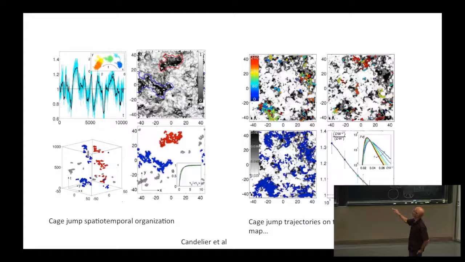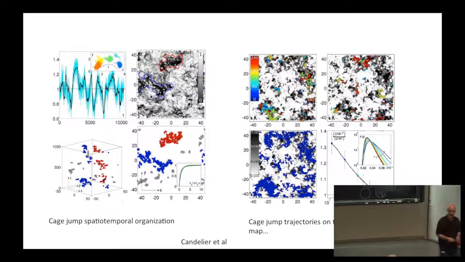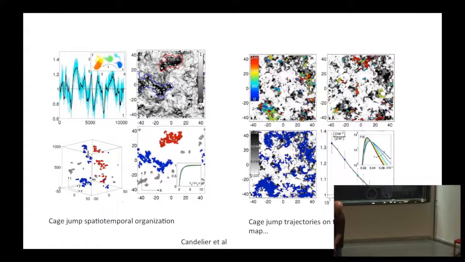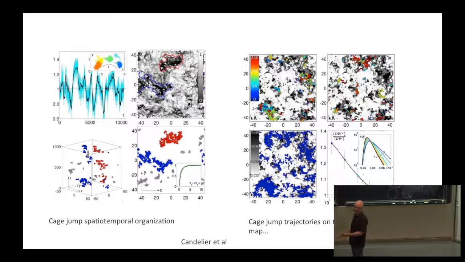So if I look at the single particle level, I can have ways of asking whether or not a particle has escaped the cage of its surroundings. And there are different ways to do this. And what you find in pretty much all of them is that the cage jumps, so to speak, aggregate spatially into clusters, and those clusters then aggregate into these kinds of avalanches.